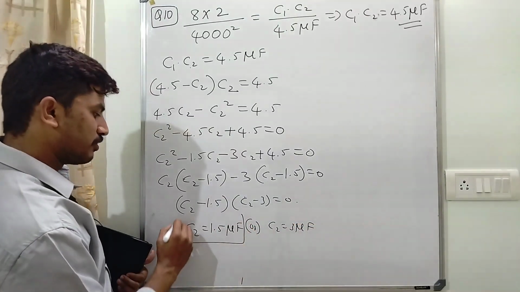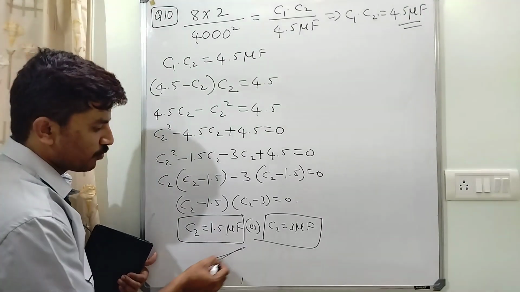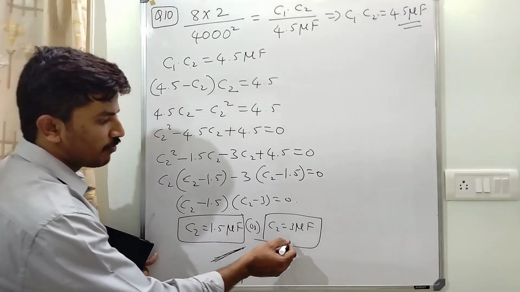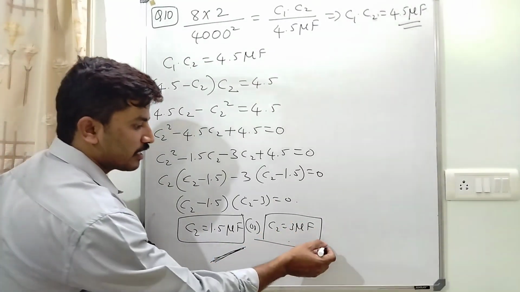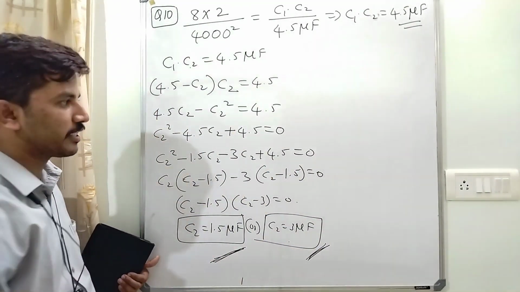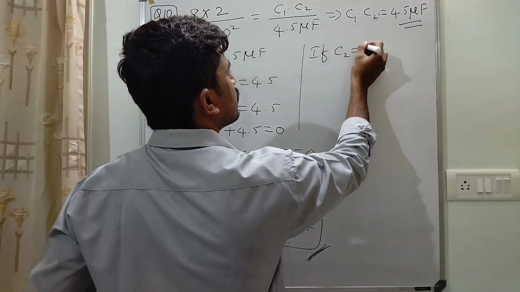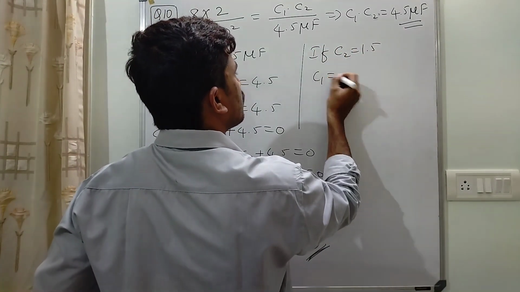Let me consider the C2 value as 1.5 or 3 microfarad. If I consider C2 as 1.5, I will get C1 as 3 microfarad. If I consider C2 as 3 microfarad, then C1 will be 1.5. Let me check. If C2 is equal to 1.5, C1 is equal to how much?